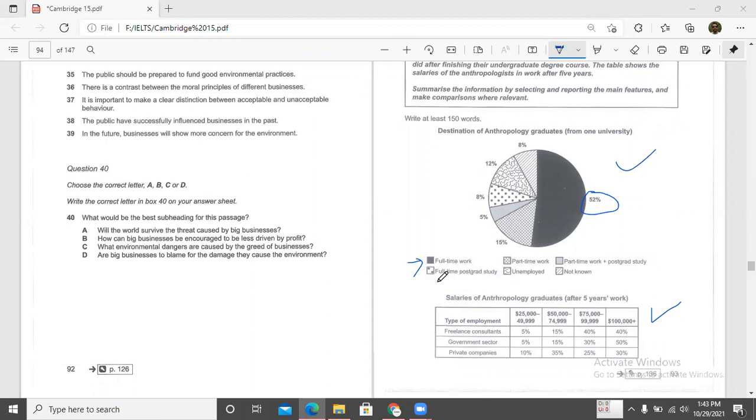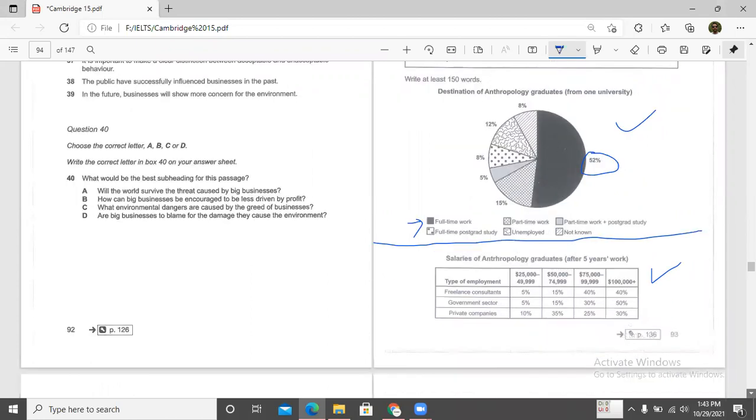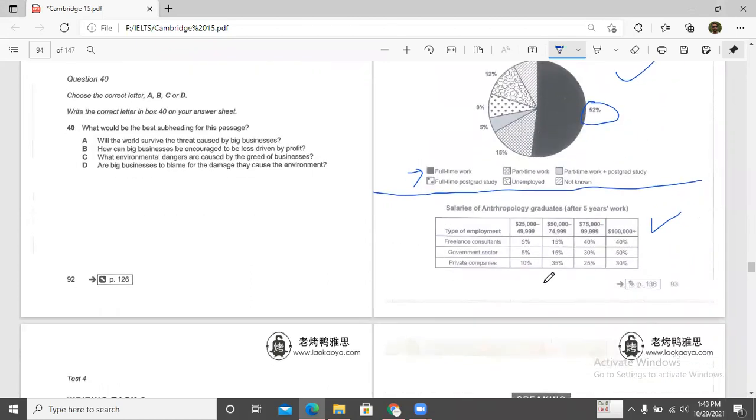Can you explain the table? Because I didn't understand it. What information is given? Okay, so the type of employment is given here, and here the salary package.